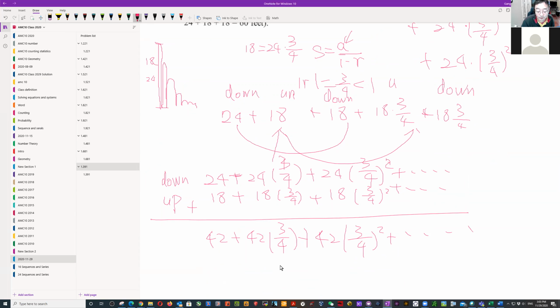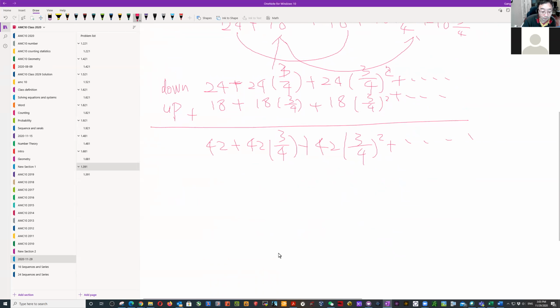So with this geometric series, because it goes to infinity, that makes it easy. The A is equal to 42. So 42 is the A, and A will be on the top. And then on the bottom will be 1 minus R, which is 1 minus 3/4.